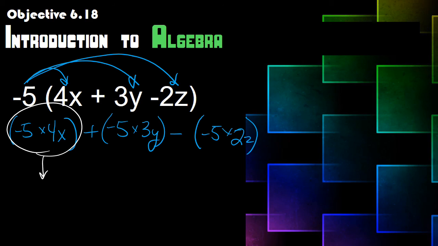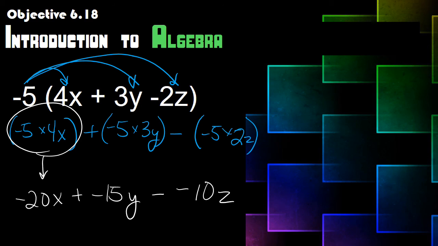So we have -5 times 4x. -5 times 4 is -20. Bring down our variable. And now let's keep going with our operation as addition. So now we have -5 times 3 is -15, and we're going to bring the y down, bring down subtraction, and we have -5 times 2z, so we know that's negative 10z.